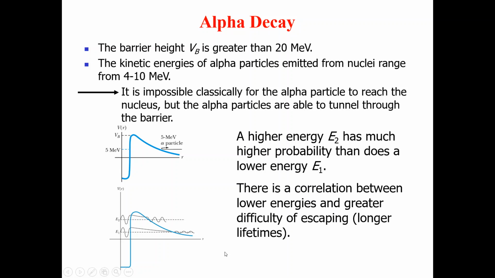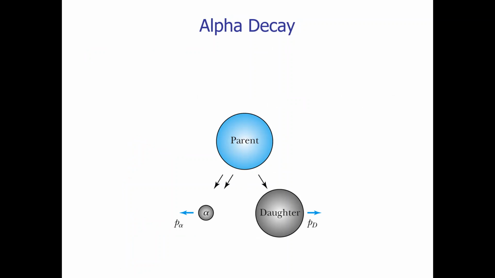So there is a correlation between lower energies and greater difficulty of escaping, that is, a longer time. The greater the energy, the more the possibility for the particle to escape, and the same applies for the lower energy: we will have the lowest possibility for the particle to escape from the nuclear barrier.